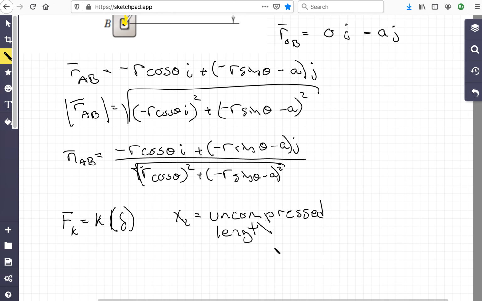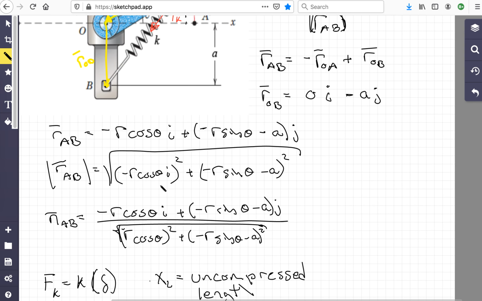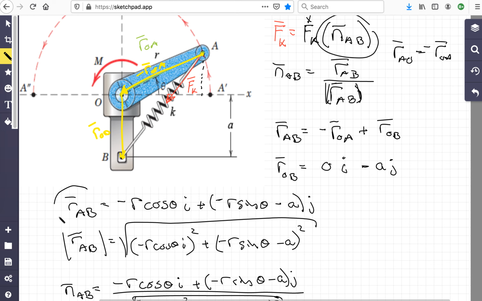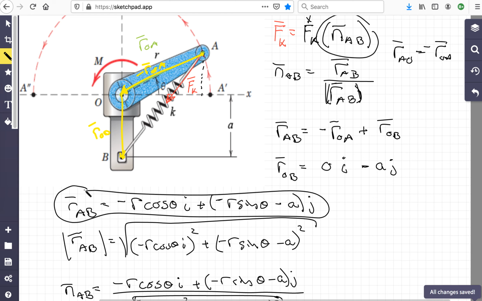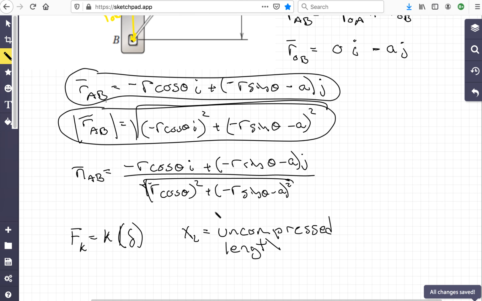All right. So with that, that makes things a little more difficult, but not really, because it's back up to this. Here is your displacement. All right, but it's the magnitude of this. So we have the magnitude of this minus this XL.